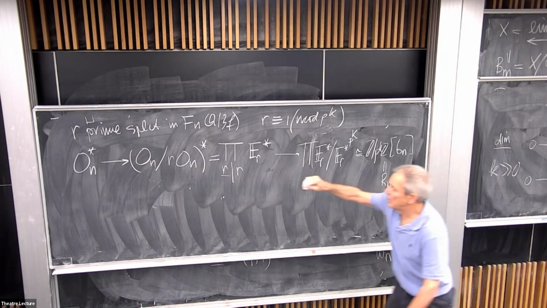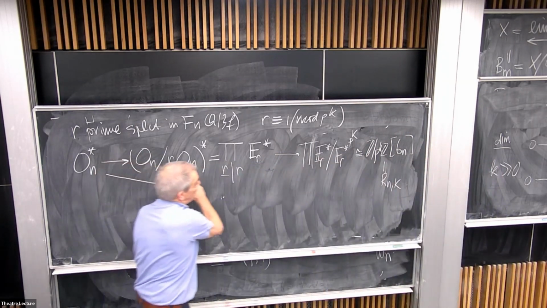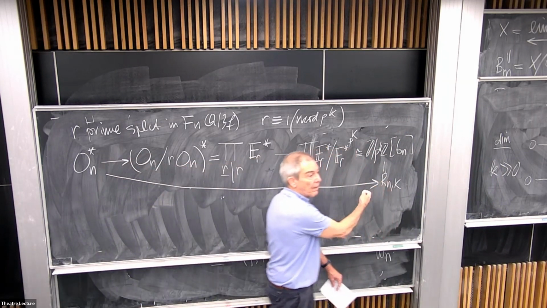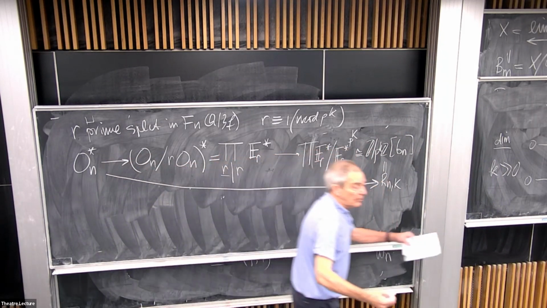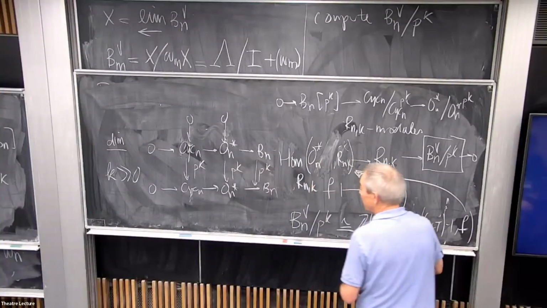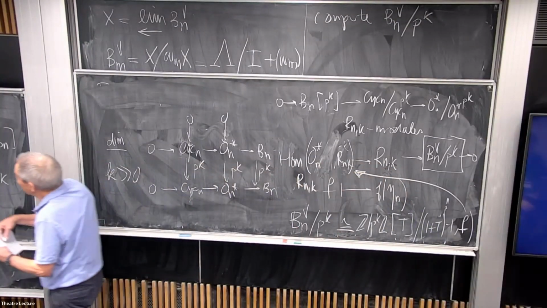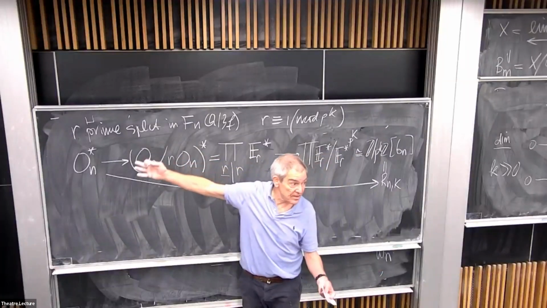So you see, combining all these things, I get a homomorphism here. And guess what? Those are all. It is a little bit of Kummer theory and the Chebotarev density theorem.